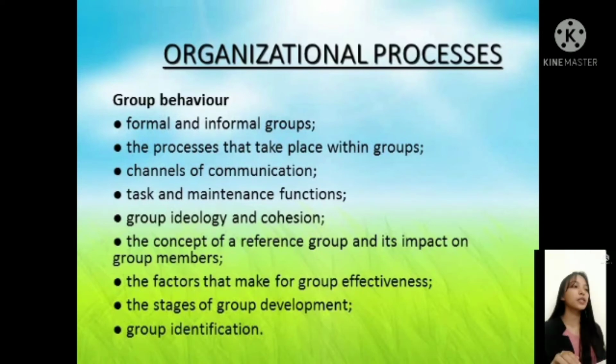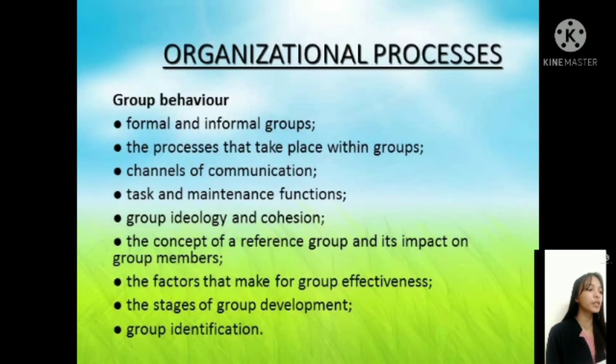The processes that take place within groups, the channels of communication, the tasks and maintenance functions, the group ideology and cohesion, the concept of a reference group and its impact on the group members, the factors that make for group effectiveness, the stages of group development, and the group identification.